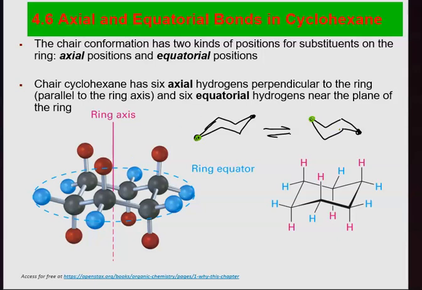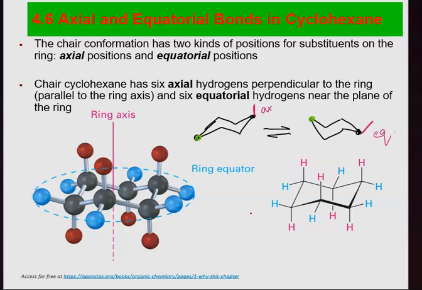Whenever you do a flip, every equatorial position becomes axial, and every axial position becomes equatorial. So for example, if I had a substituent here, it was axial, and when I flip it, it becomes equatorial.